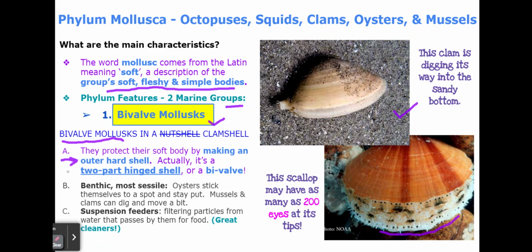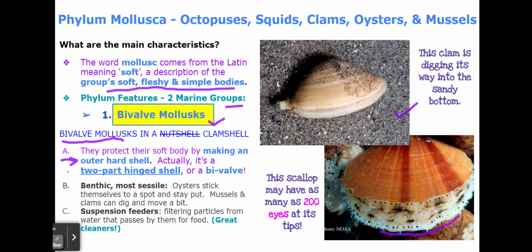Actually, it's a two-part hinged shell, or a bivalve. That's why they're named bivalve mollusks. That shell is a two-part shell, and it's hinged in the back. Bi means two, and valve refers to a two-part hinge.